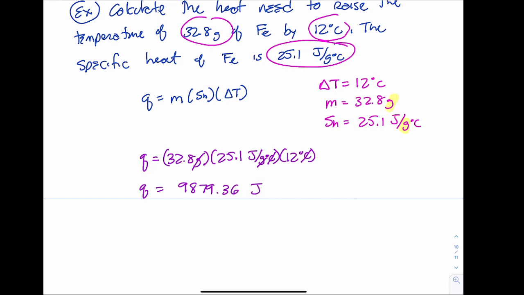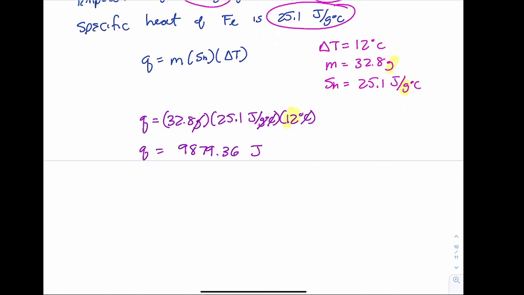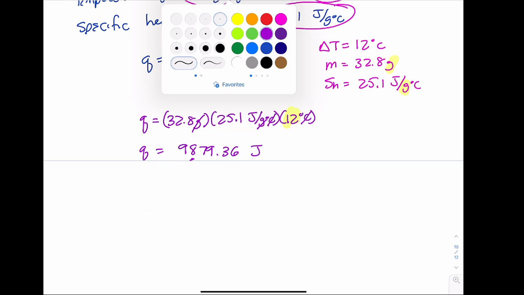I do want to round this to two significant digits. I do just have 2 here in my temperature, so that's my smallest number. And then it doesn't specifically say to convert it to kilojoules, but I'm going to. So I'm going to convert this. I want to end it here, and I'm also going to convert it to kilojoules at the same time. So I would divide it by 1,000.